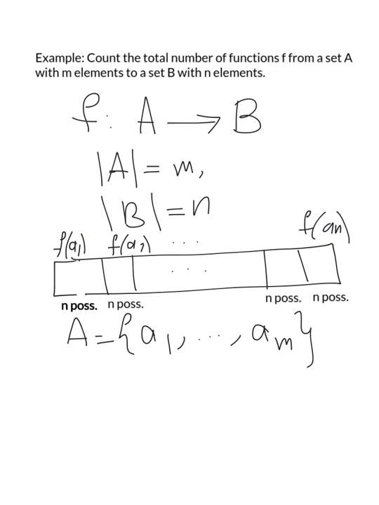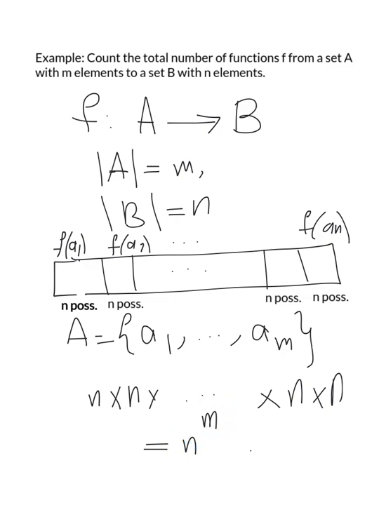And then therefore the total number of possibilities for a function is n times n, so each n, one n for one cell above, and therefore this will be n to the m. Thus n to the m is the total number of possible functions from a set of m elements to a set of n elements.